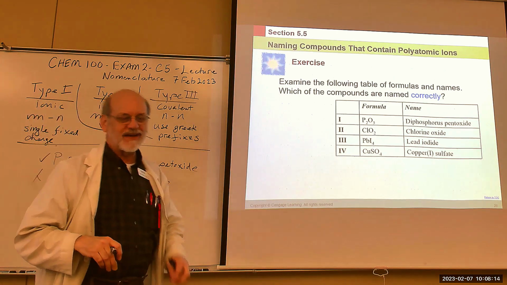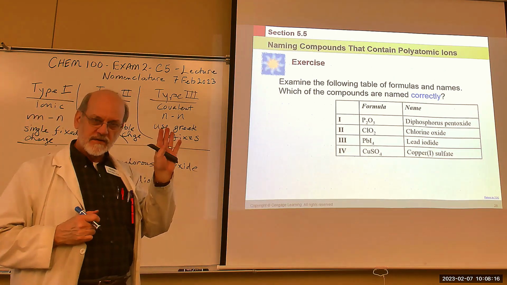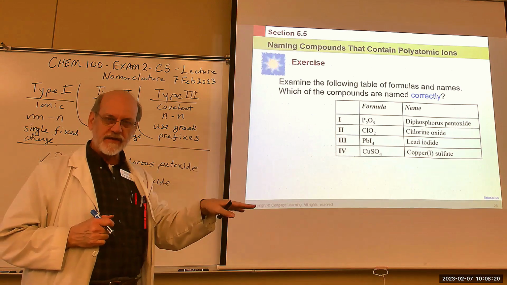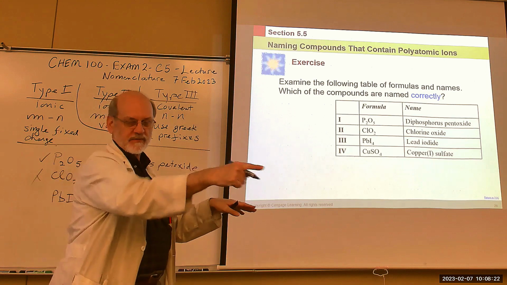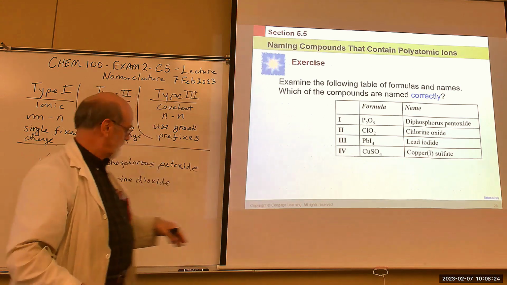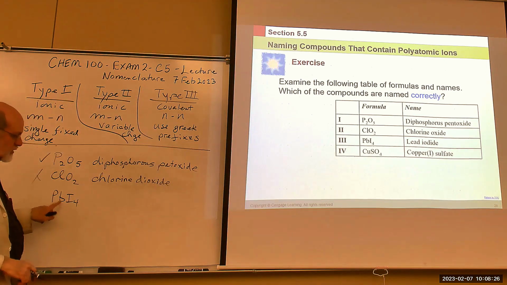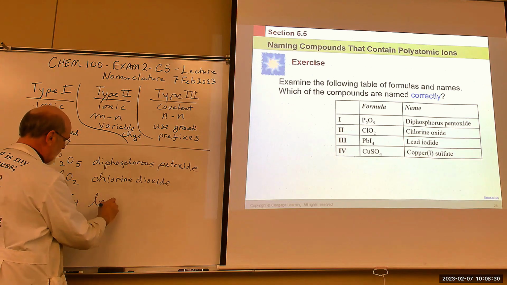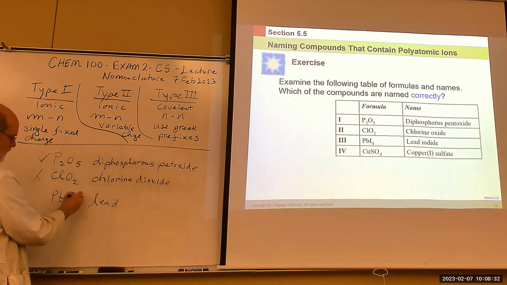It's a representative element, but it's not a non-metal. It's over to the far right underneath the stair-step black line. But it has the possibility of multiple charges, so it's a type 2 compound. We have to say lead, what's the charge? Well, iodine is a halogen, it's always -1, so that means this one has to be a +4.